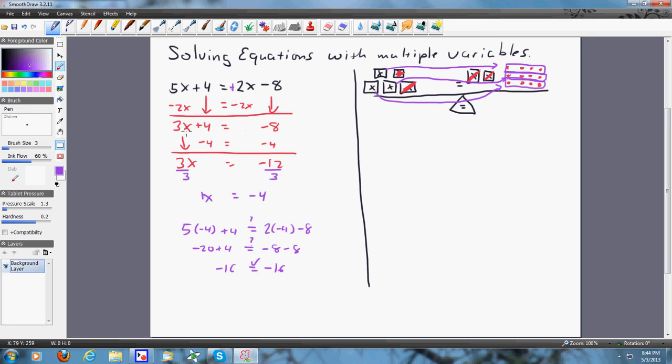Now I need to get my x by itself, so I get rid of this constant by adding its opposite, which was positive 4, so its opposite is a negative 4. I add a negative 4 to both sides. I'm now left with this and this, so in order to take care of that, I divide them both by 3, and I get 1x equals negative 4.